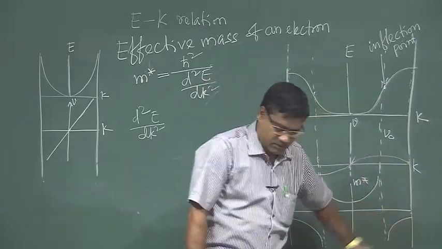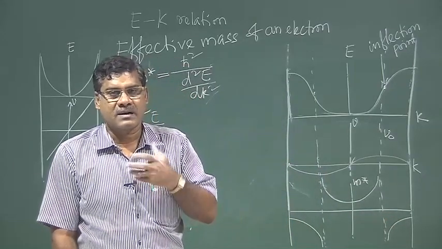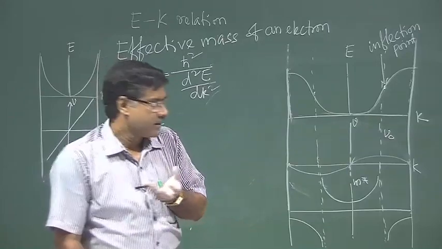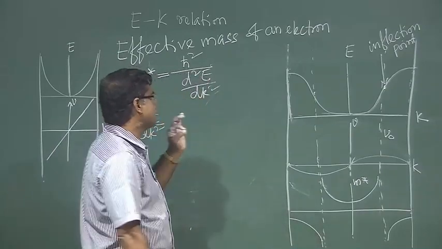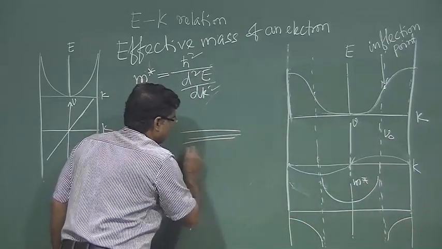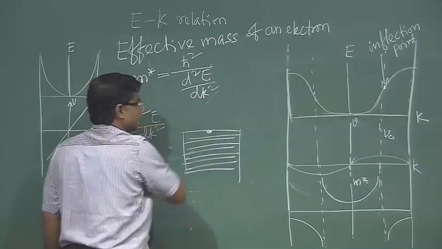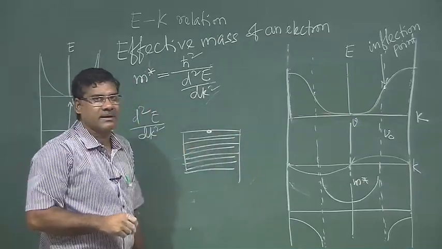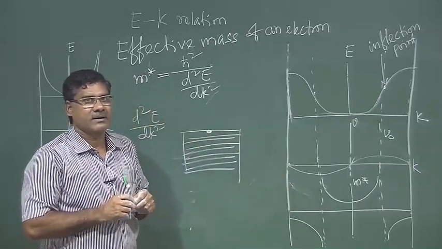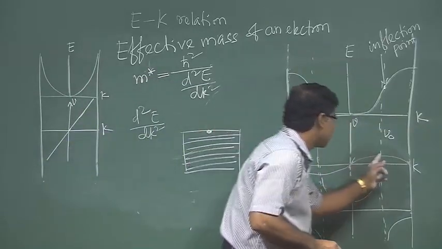So, here negative mass. When an electron is in a band, its mass can be negative. This is the band, energy levels are there. When electrons are on the top of the energy band, its mass can be negative, right, and its velocity decreases, you know.